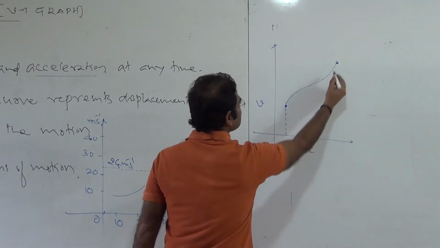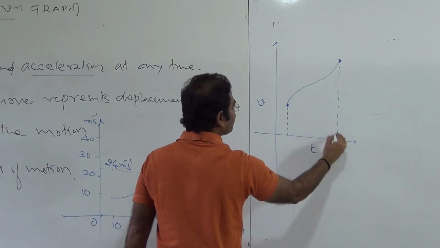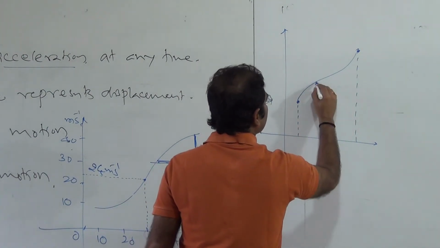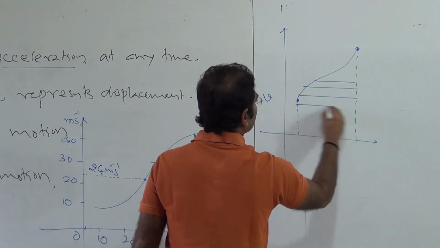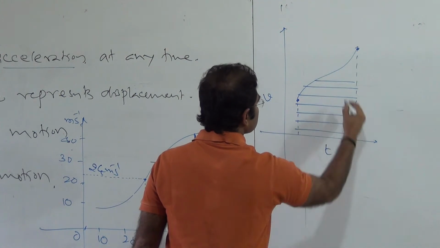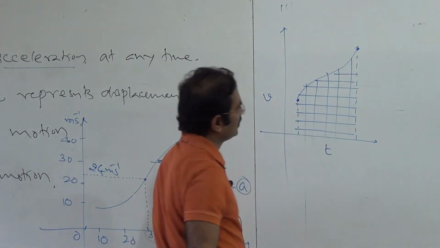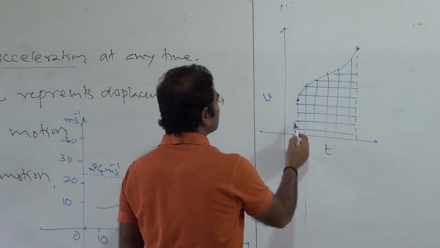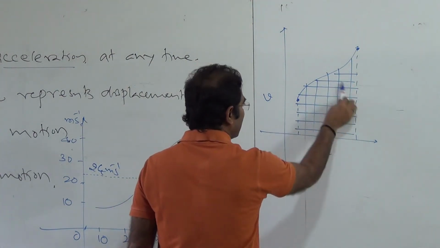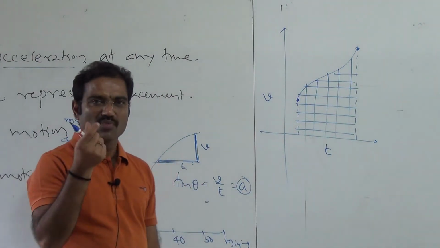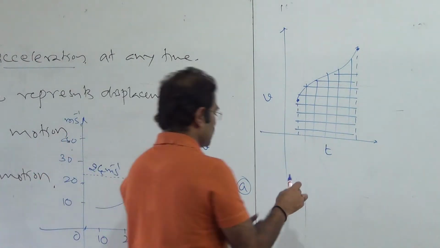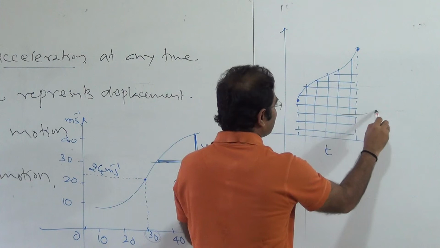I draw this and complete it. This is the area under the curve, and the area represented by the boxes represents the displacement.